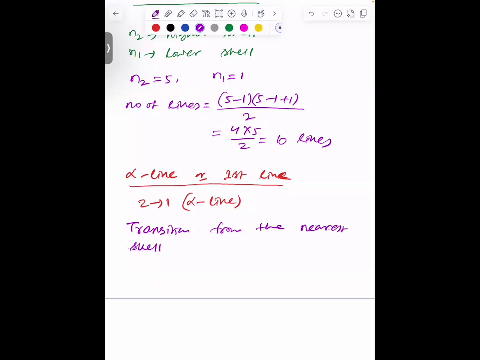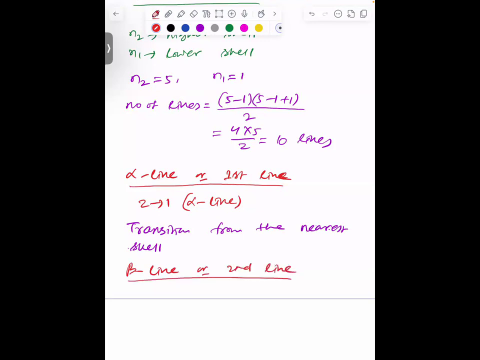Now the Balmer series. In Balmer series, alpha line means it is coming to shell number 2, so from the nearest shell 3. So 3 to 2, that is alpha line. Then come to beta line or second line.